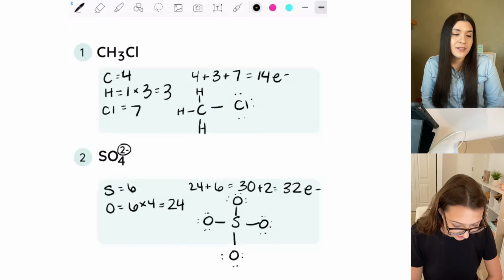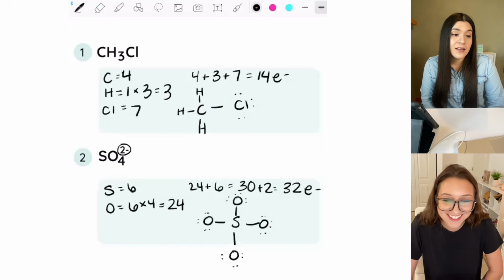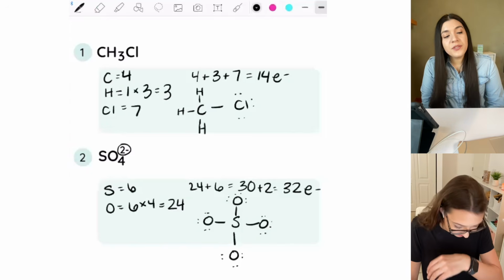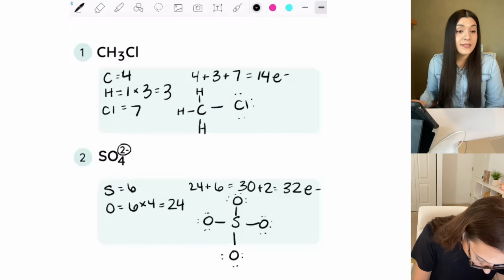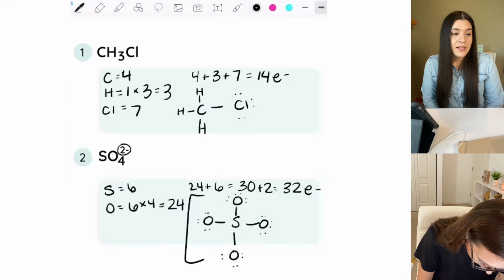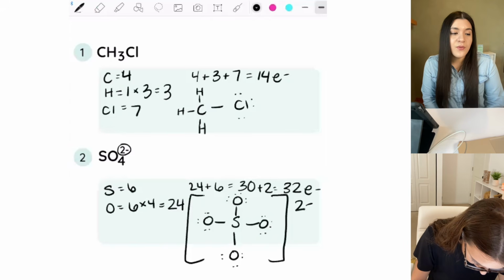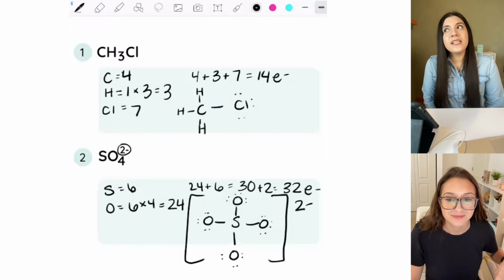We have to add them up. We actually do have enough, but this is charged. So remember, this had to have been in brackets. And then we put 2 minus on the outside. Good.